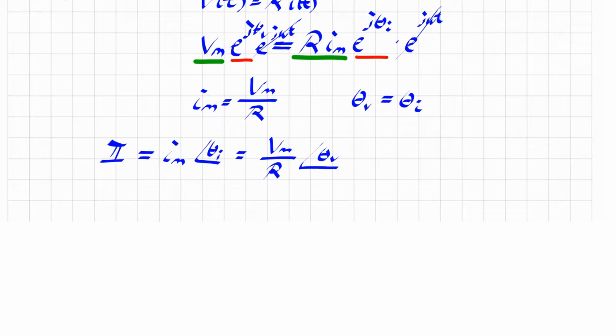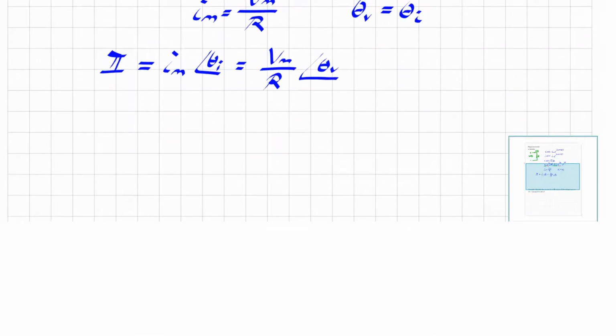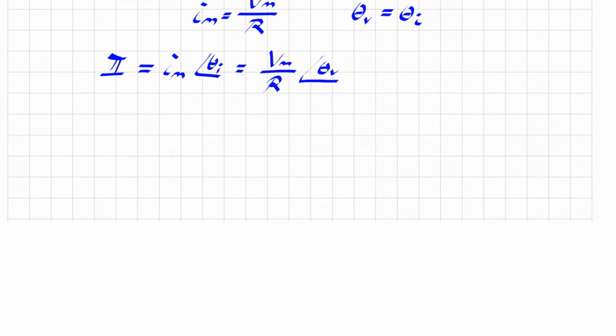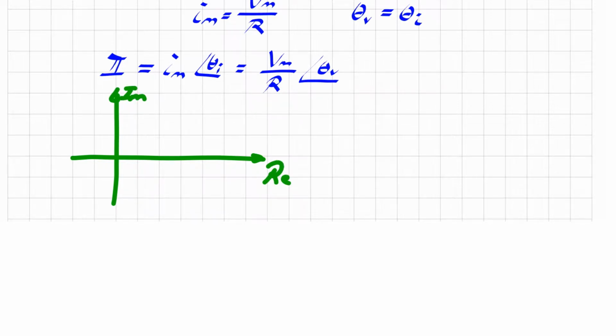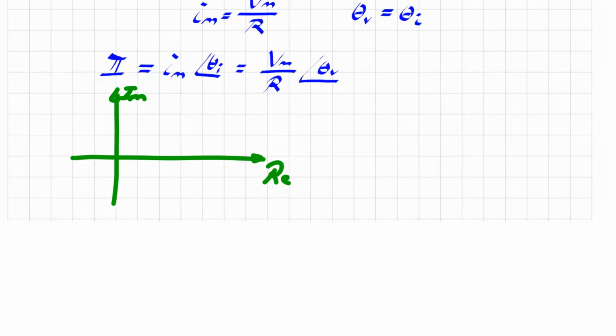Now, they're in phase. We can express that in the time domain and the frequency domain. The frequency domain is the phasor diagram. Here I have the real part, and this is the imaginary part. The phasor works really like a vector. It has an amplitude and a phase angle. This is V, that's the phasor.